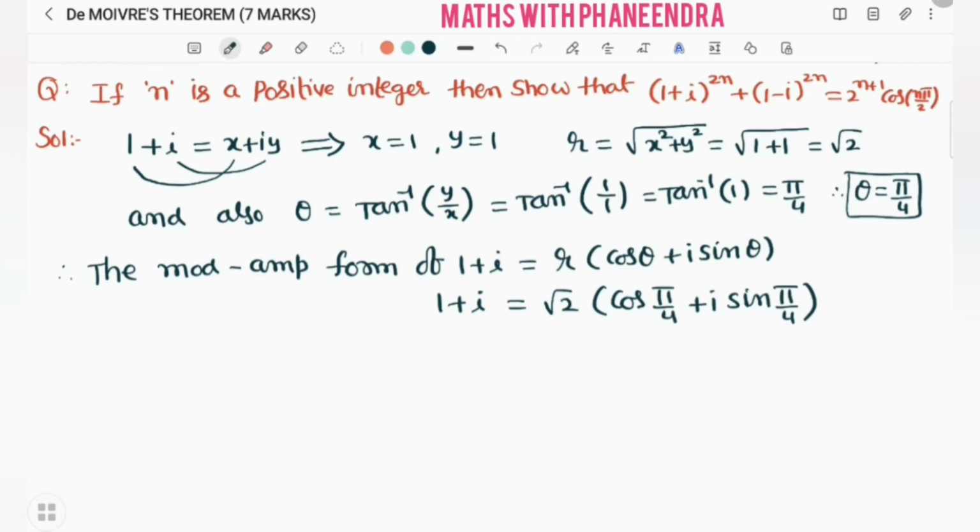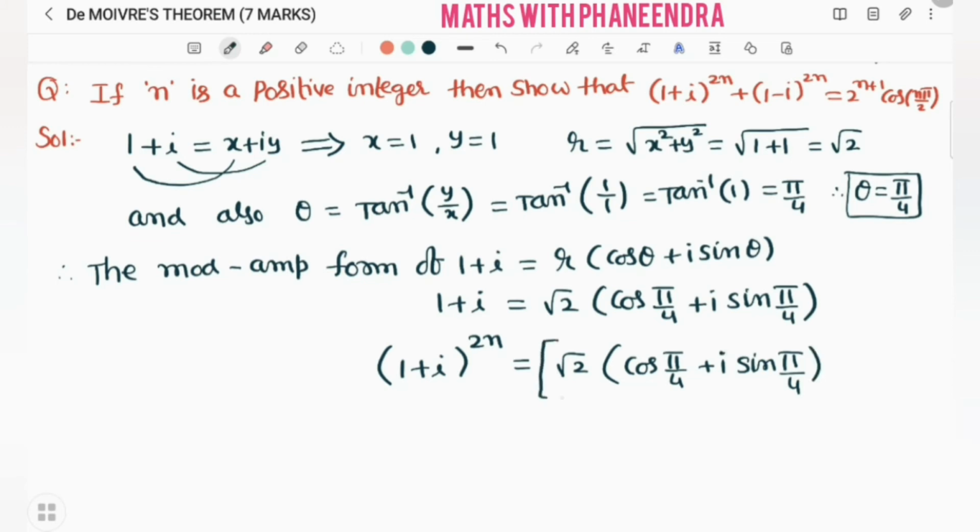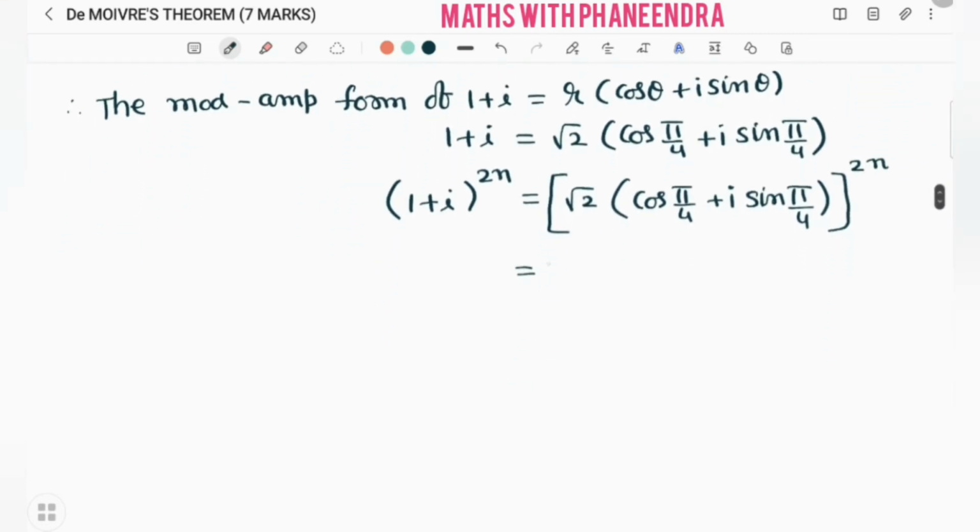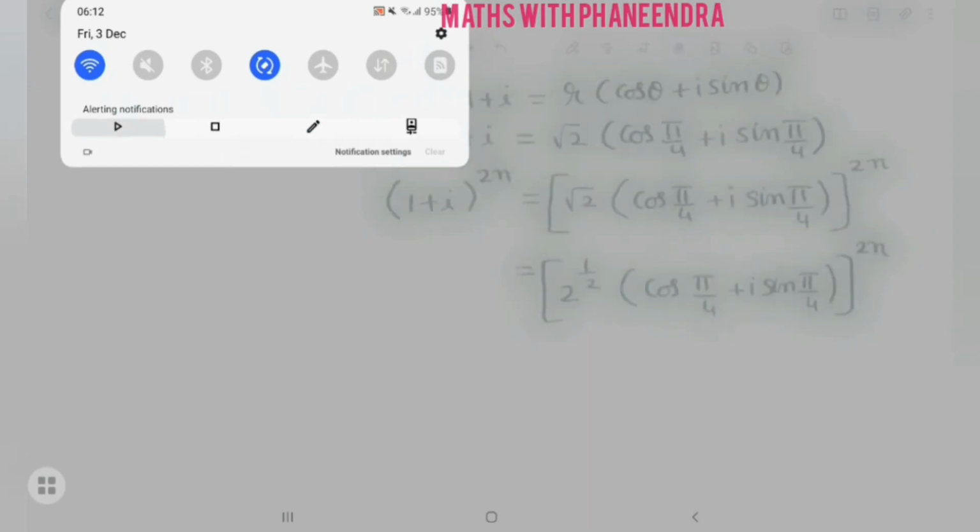After getting this value, they are asking 1 plus i whole power 2n. So power raised, 1 plus i whole power 2n is equal to root 2 into cos pi by 4 plus i sin pi by 4 whole power 2n, which is equal to, root 2 means 2 power 1 by 2, cos pi by 4 plus i sin pi by 4 whole power 2n.